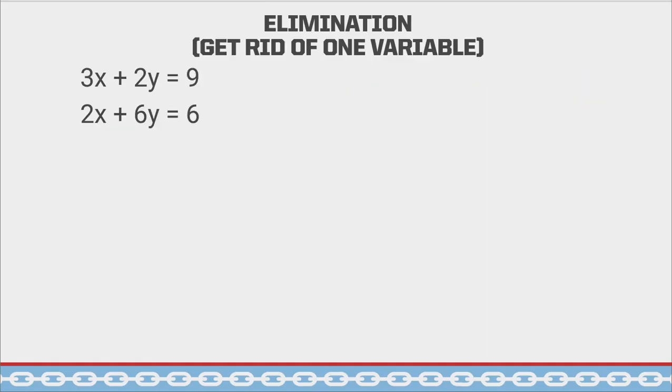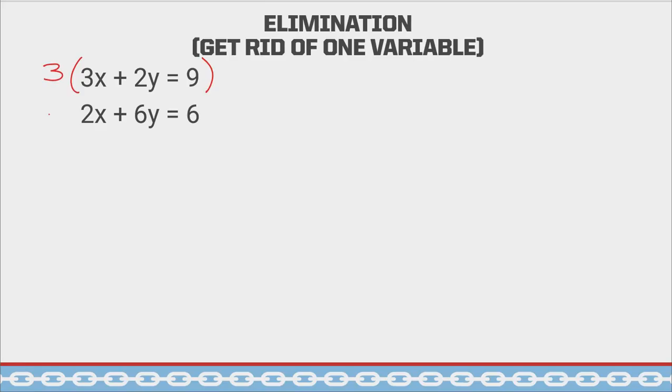elimination example. And this one is a little bit more complicated because we don't have any terms that are the same, right? I have 3x on top and I have 2x on bottom, and I have 2y on top and 6y on bottom. Okay, so I don't have a quick route to elimination, but what I can do is I can multiply all of an equation by something, by a coefficient.